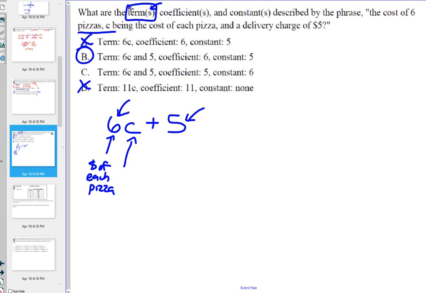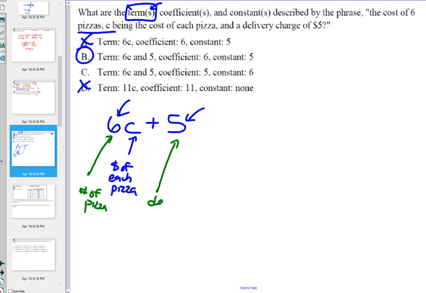Wait, I did this backwards. That is kind of weird. C is the cost of each pizza. 6 is the number of pizzas that they ordered. And then 5 is what it costs for delivery. So they're just basically telling you to dissect and break down that expression into what each one means.